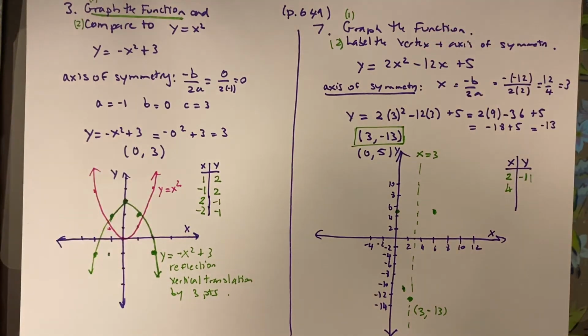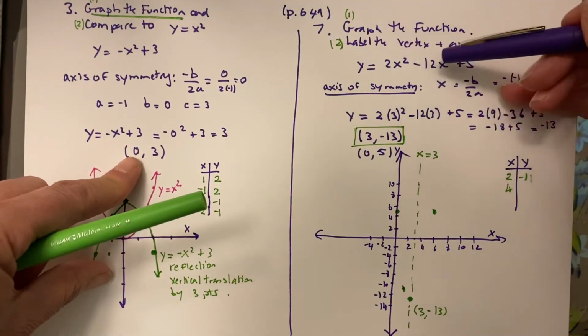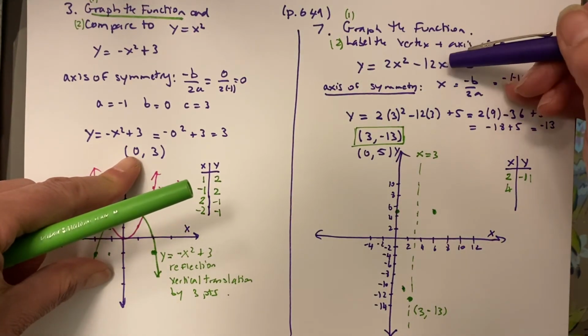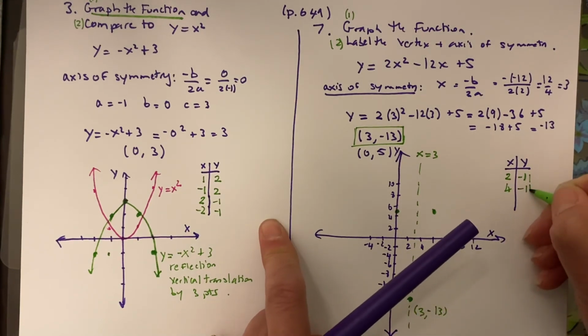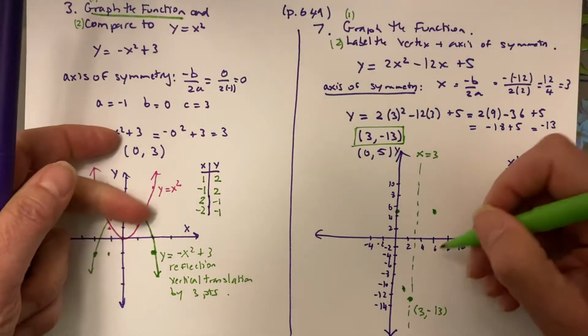Let me write this out, or just say it again. 16 times 2 is 32. Minus 12 times 4, which is 48, is going to give me, again, a -16 plus 5 is going to be a -11. There we go. All right, so that's going to work.